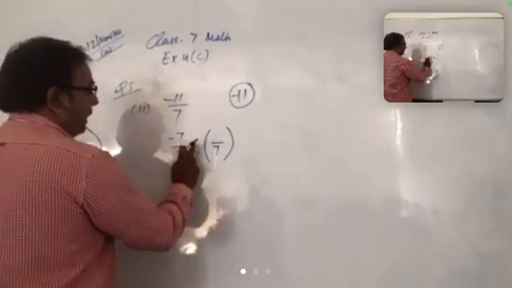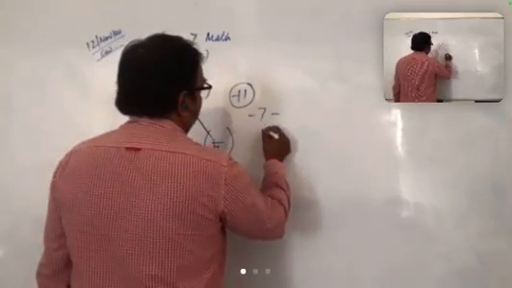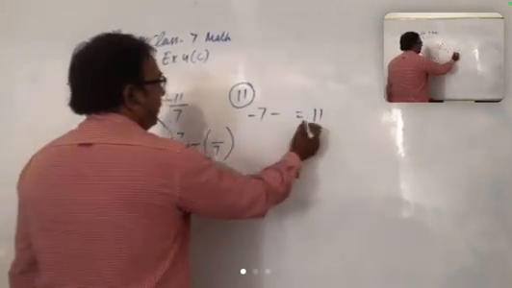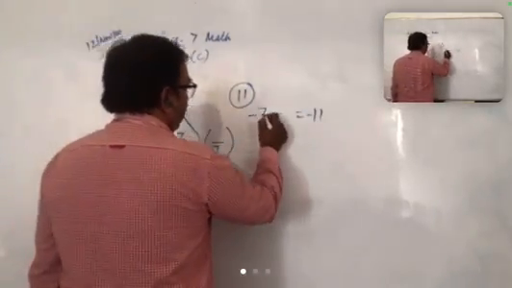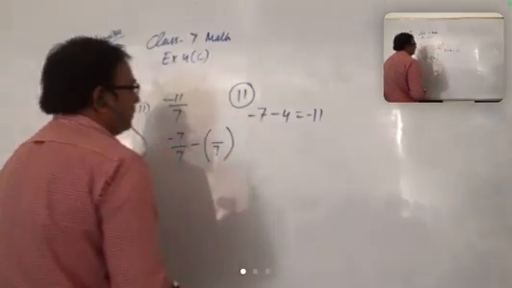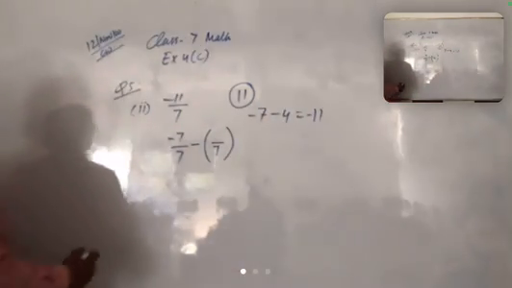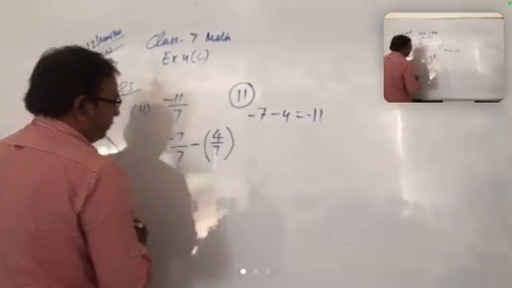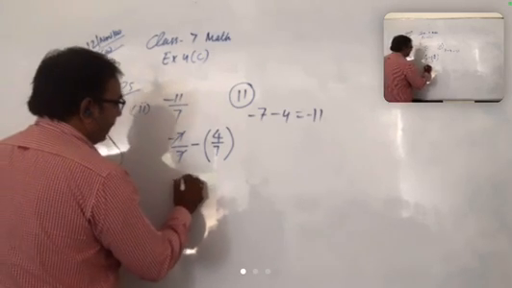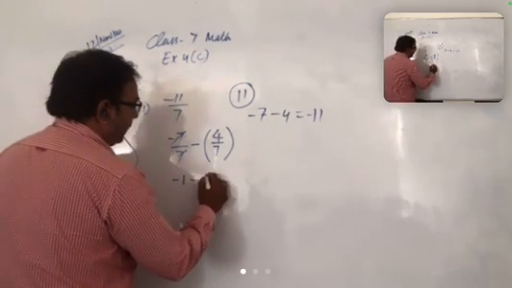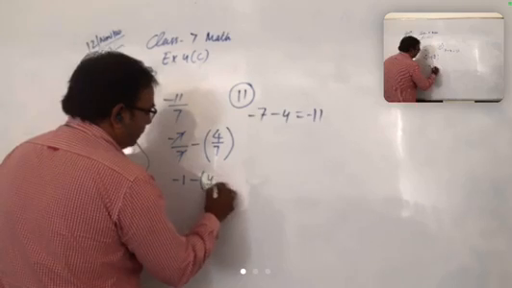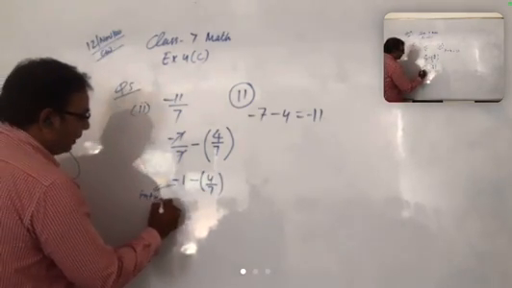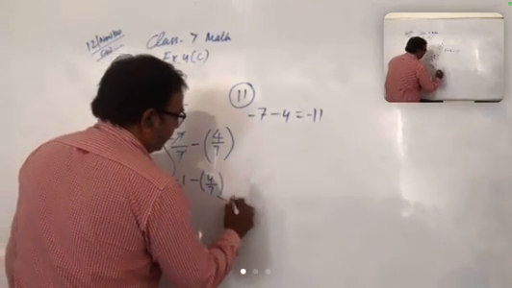So minus 7 is there, and we have to add. What becomes minus 11? If we add 4 to minus 7, it will be minus 11. So this is 4, and we can write it like this: minus 1 is the integer and minus 4 upon 7. Now minus 1 is an integer and 4 upon 7 is a rational number.